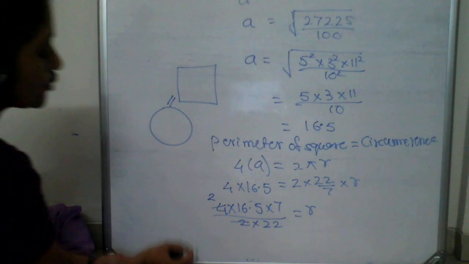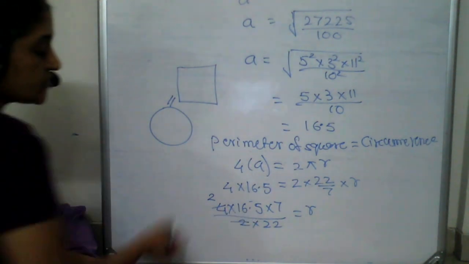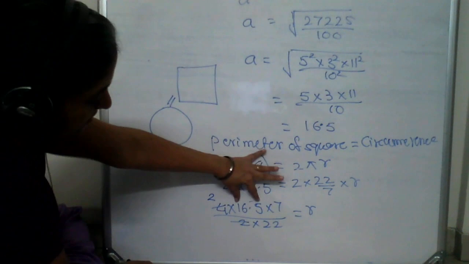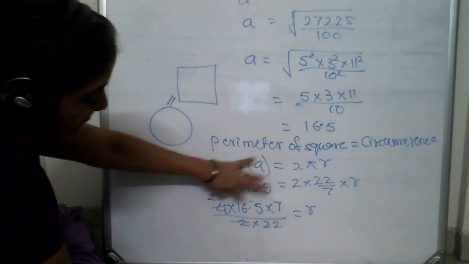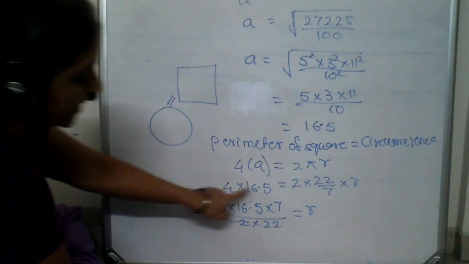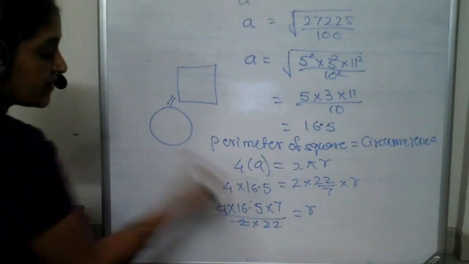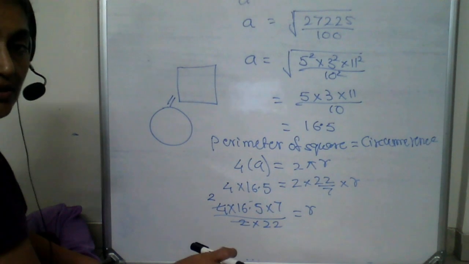If you know the divisibility rule for 11, what is it? When such numbers are there, you are supposed to add the odd placed numbers, 1 plus 5. 1 is in first position, 5 is in third position. Add them, 6. Now the middle one is what? Second position is 6 only. So 6 minus 6 is 0.